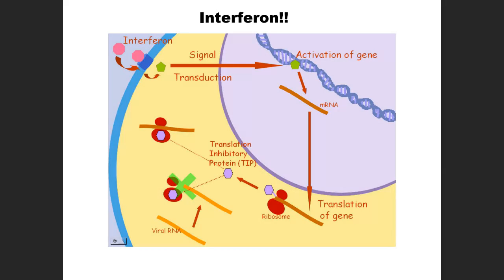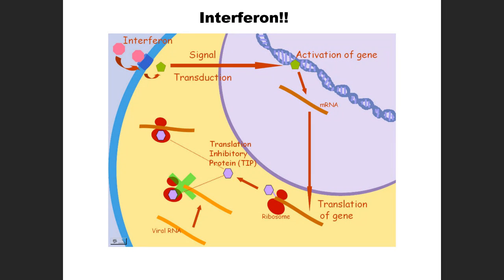Another antiviral medication that can be given is interferon. Now, we've talked about interferon before because we know that interferon is basically a chemical messenger that's produced by cells in your body that are infected with the virus.